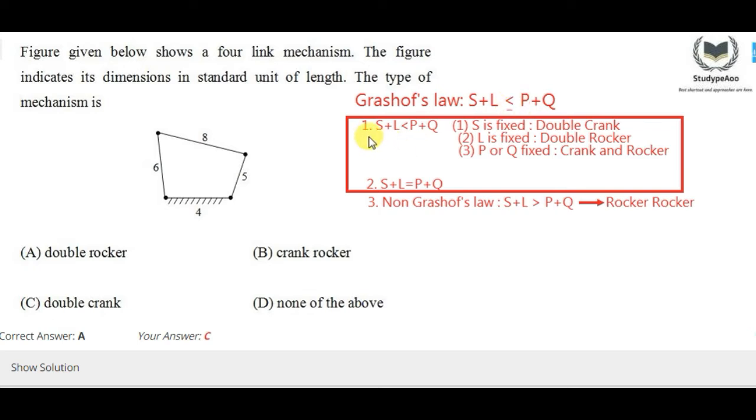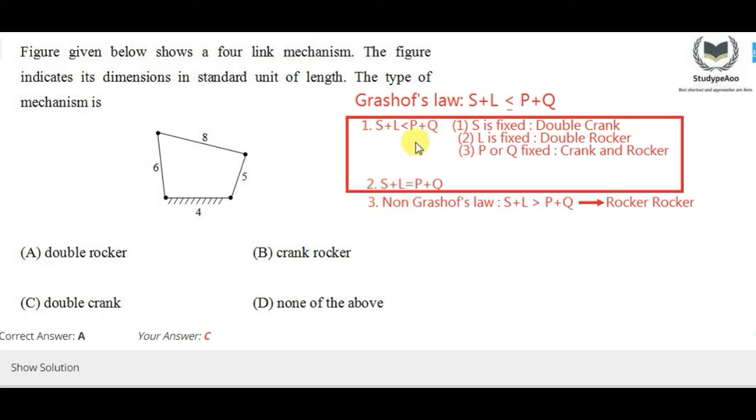For the first point, it is written that the sum of smallest and largest link is less than P plus Q. There are 3 points in this criteria, and the second point is that the sum of smallest and largest link is equal to P plus Q. In the GATE examination there will be questions based on the first point only, so we are going to discuss the first point, and we will discuss point number 3 a little later.